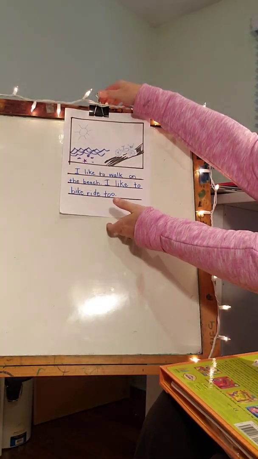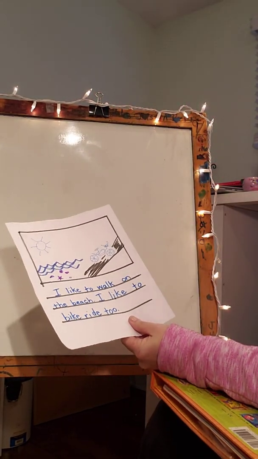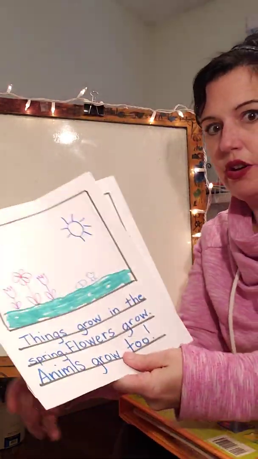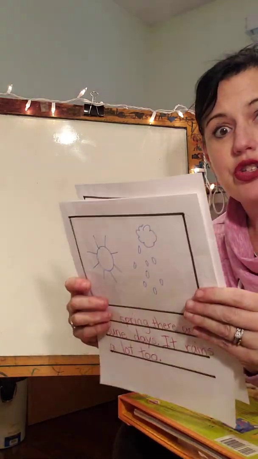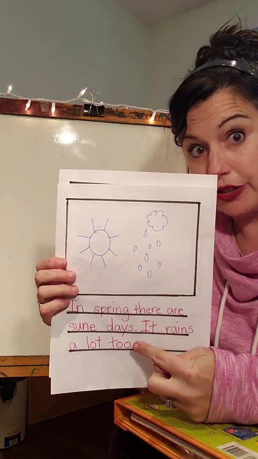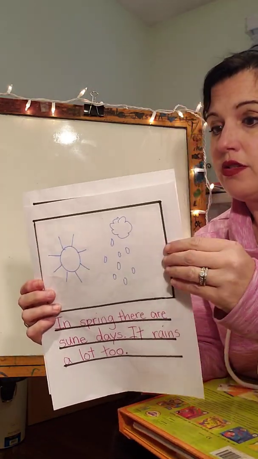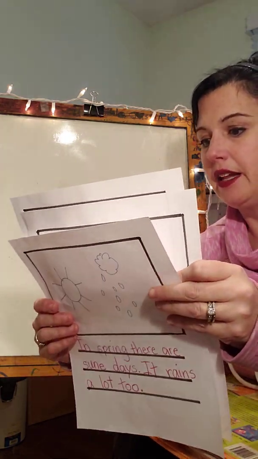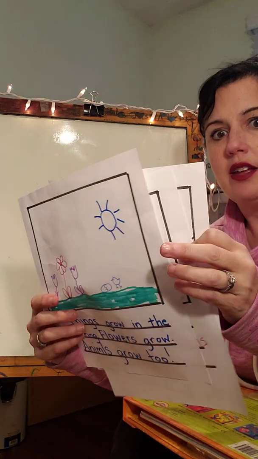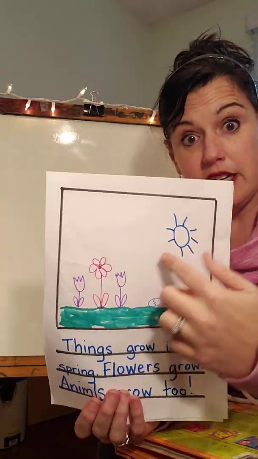So remember, when you go back through and you think you're done with your All About book, go through and see, do your pictures match your words? Think about, do you have enough details in your pictures?